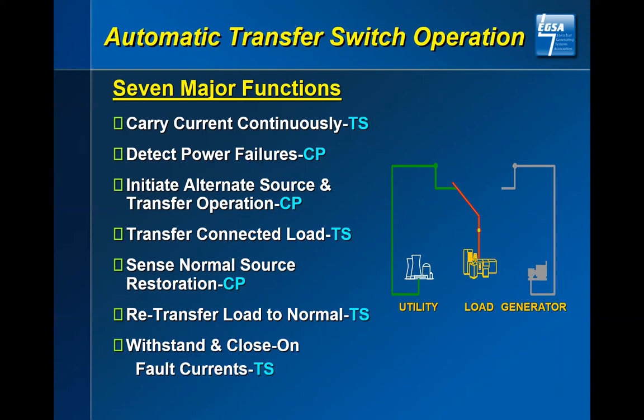Typically, that's a 24-volt system that you'll have the voltage on one side of that contact. When you close the contact, the 24 volts returns back to the control panel, and that's what initiates the starting of that generator set.